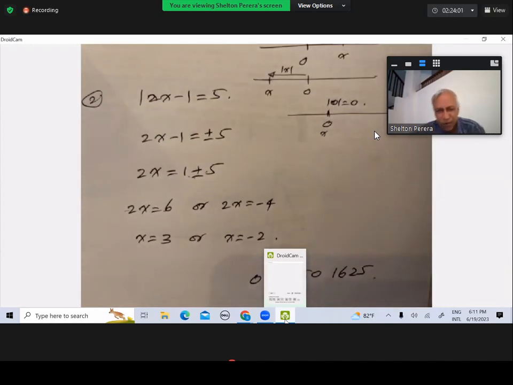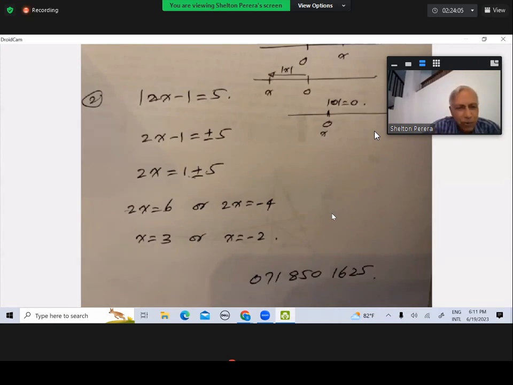Don't think of this as an O-level course or anything, because whatever level that I teach, I always put something that is not there, because in Sri Lanka, mathematics is not done the way it should be done. Teachers just tell you how to do things, but they don't explain why those things work, which is the mathematics.